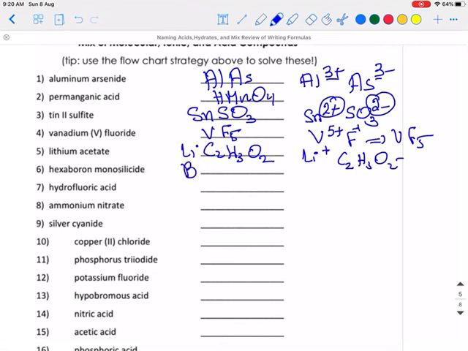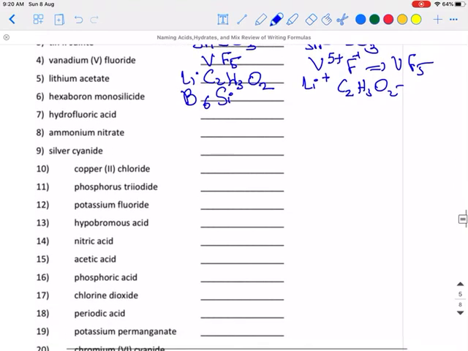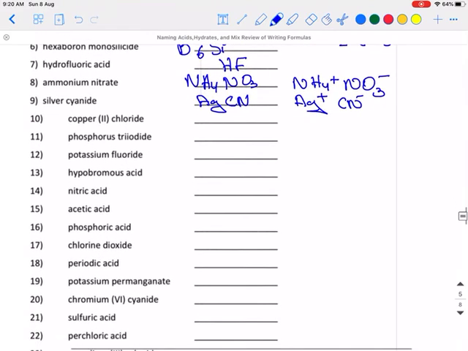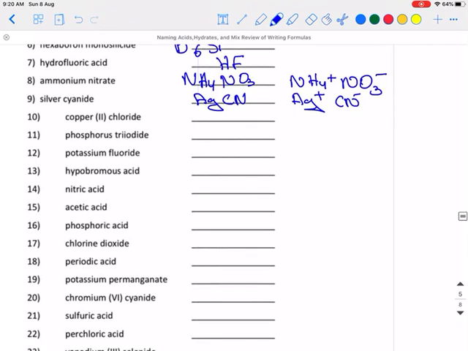So hexaboron, boron 6, mono, so 1, silicide comes from silicon. Hydrofluoric acid. Ammonium nitrate, NH4 plus and nitrate NO3 minus, ratio 1:1, so NH4NO3. Silver cyanide, silver Ag plus, cyanide CN minus, ratio 1:1, AgCN. Copper(II) chloride, so copper has a charge 2 plus, chloride Cl minus, crisscross CuCl2.